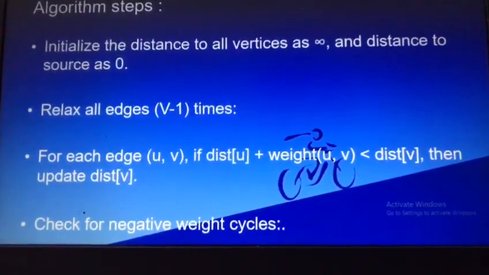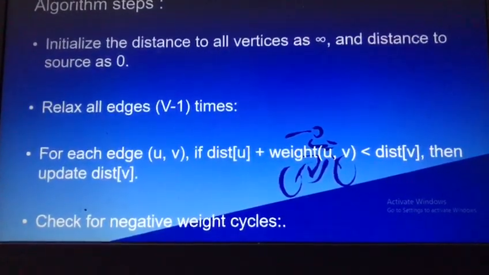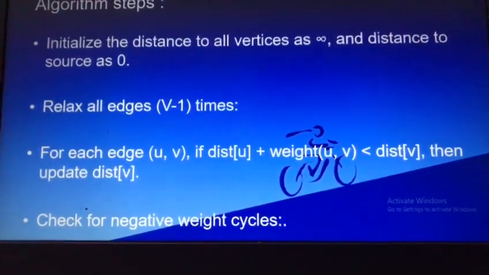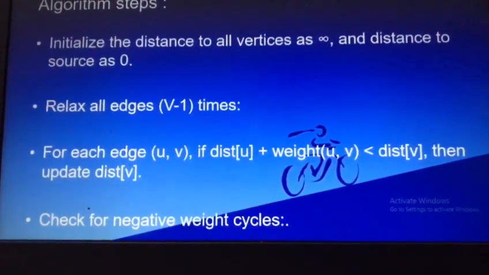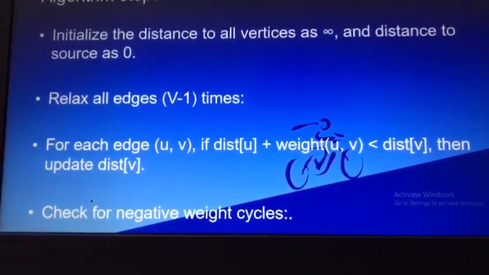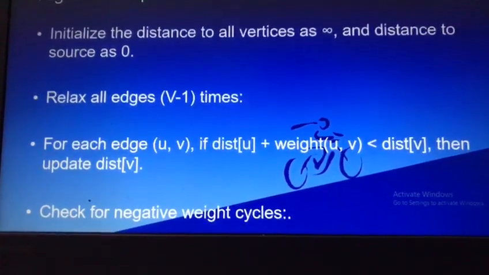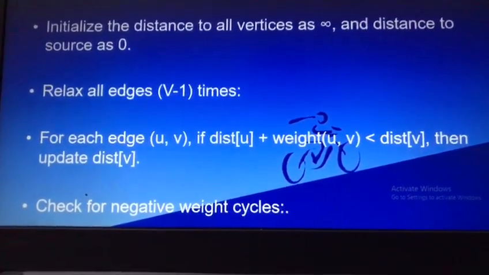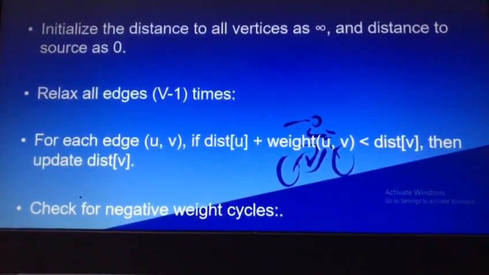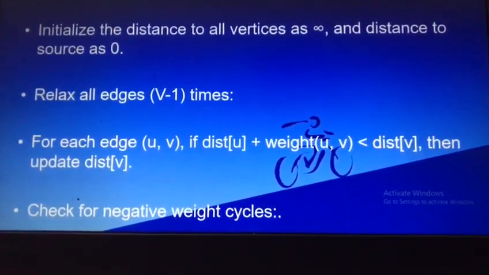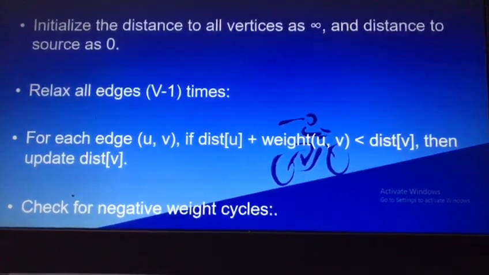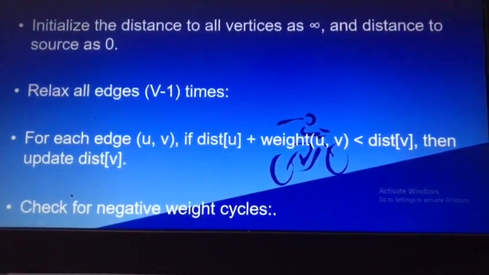Suppose we have 3 vertices, according to the formula V minus 1, 3 minus 1 is equal to 2, so we relax the edges 2 times. For each edge u v, if distance u plus weight u v is less than distance v, then update distance v.